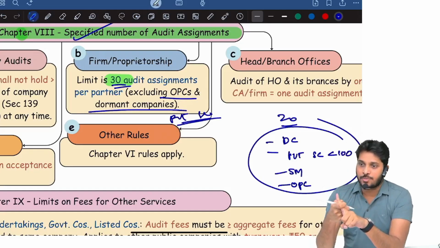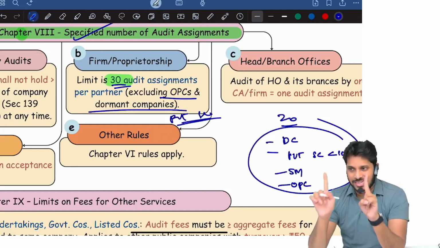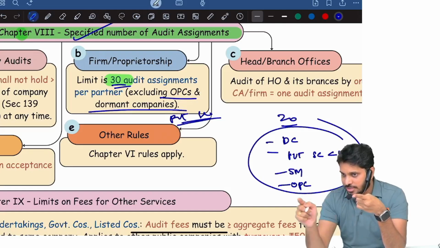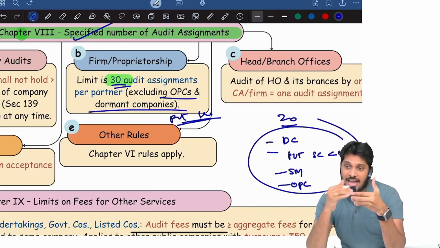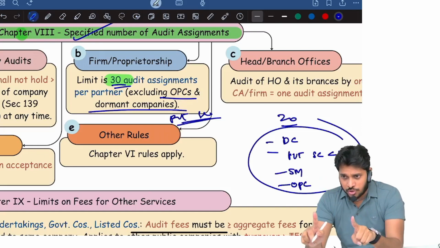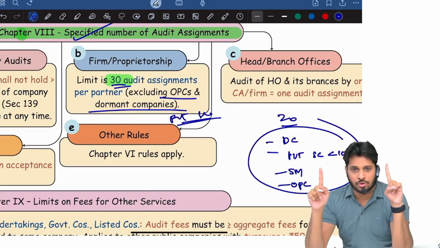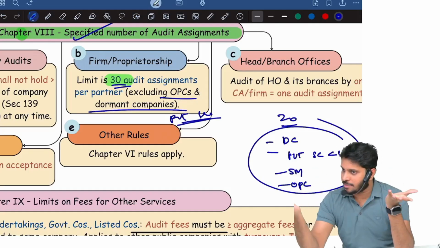Whether these reports belong to the latest assessment year or an old assessment year doesn't matter. 60 tax audit reports, one assessment year for one client. If you sign, that's one tax audit report. And suppose you are a branch tax auditor, whether you are doing one branch or 100 branches, it doesn't matter. It is counted as one. Very simple. One PAN number is equal to one. For how many PAN numbers you are signing, that many assignments will be counted.